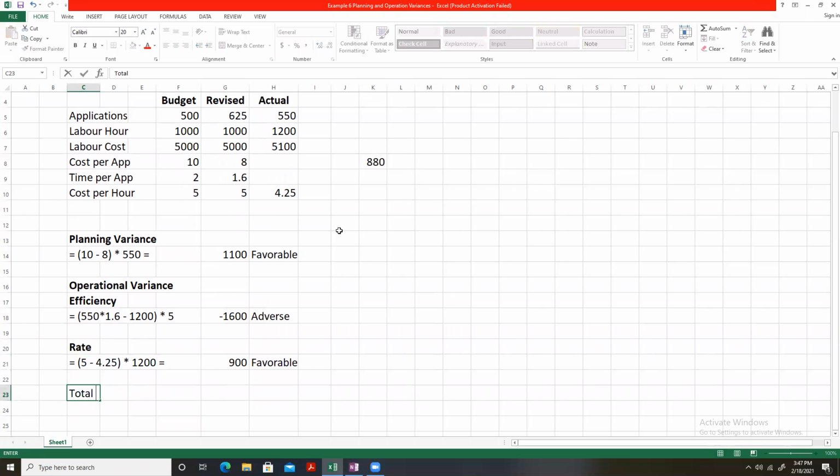The total variance should be the sum of these three. So the total variance that we are getting is 400 favorable. And how did we arrive at this? 1100 favorable minus 1600 adverse plus 900 favorable.